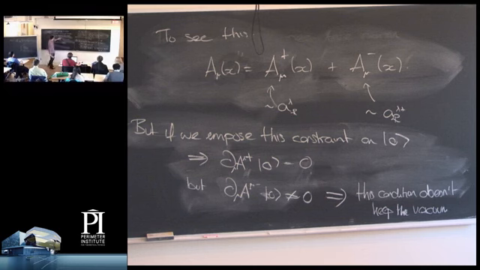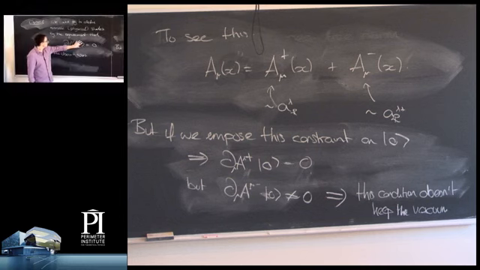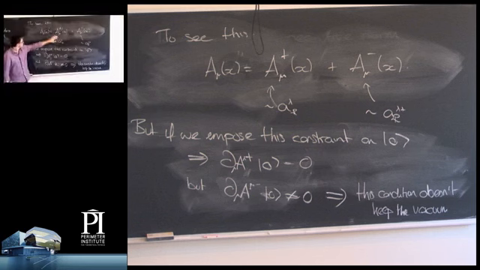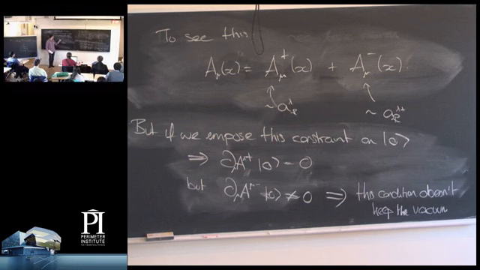So this isn't a good condition because it's just way too strong. If you insist that the only physical states are those that are annihilated by this constraint operator equation, you find that even the vacuum isn't a good physical state. Because yes, this guy annihilates it, but this guy with actual creation operators doesn't give zero when you act on it. So if we started throwing out states that we wanted to be unphysical using this condition, we'd be throwing out even the vacuum, and we just wouldn't be left with anything.